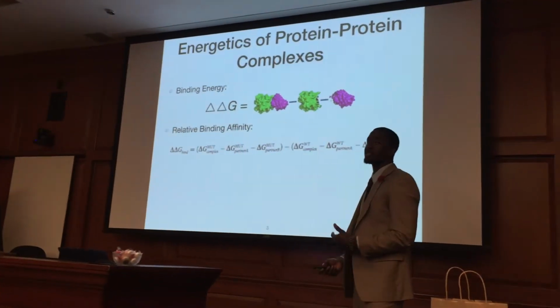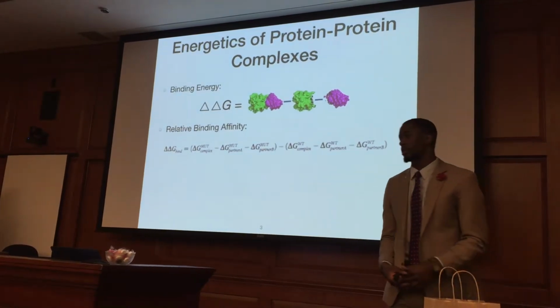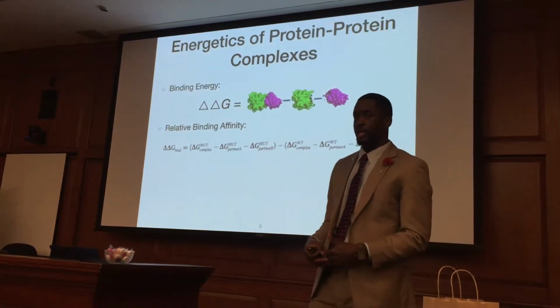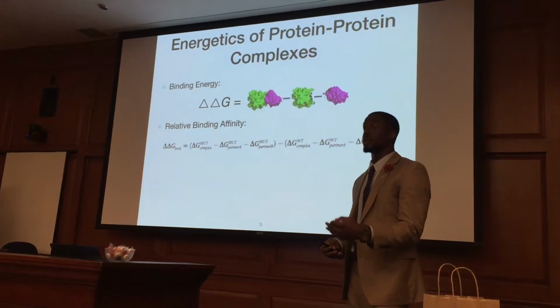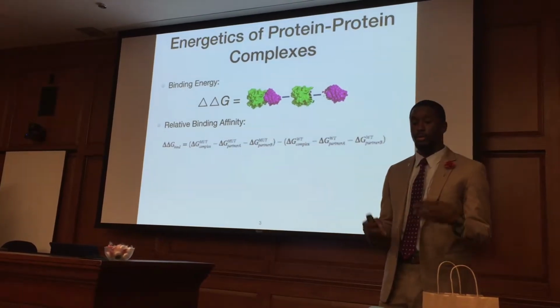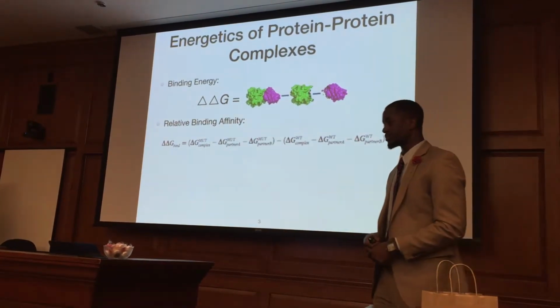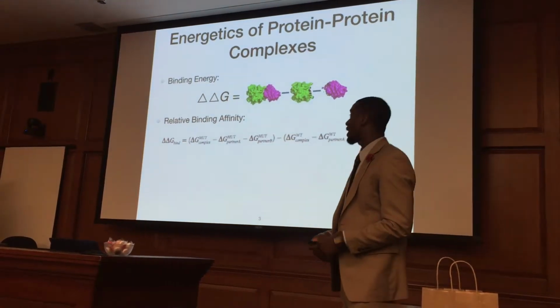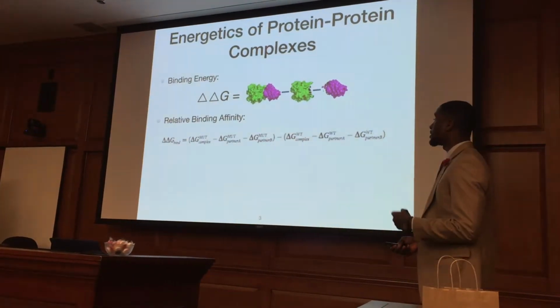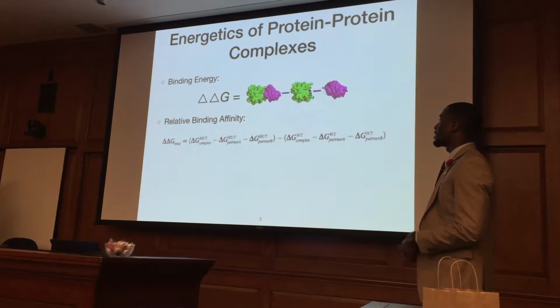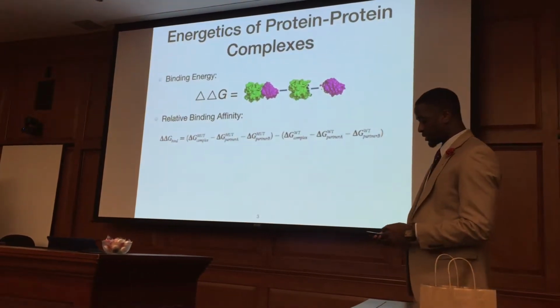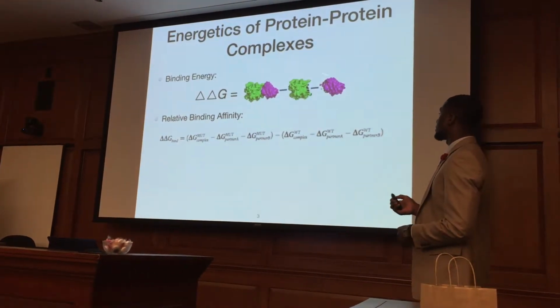So one thing that scientists are particularly interested in is the energetics: how we understand these energetics and how we begin to model these energetics of protein structures. One way to mathematically model these binding energies is with this binding energy equation.